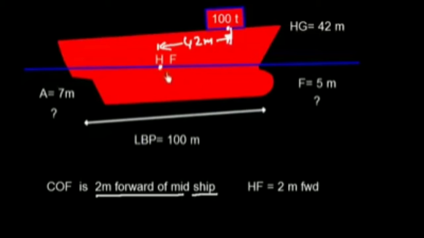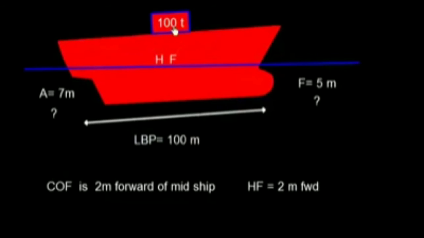So this is midship H, and the AH is 50 meter, because the total length of the ship is 100 meter, and the distance of this weight from center of flotation is 40 meter. We can mark this as D. D is going to be 40 meter.